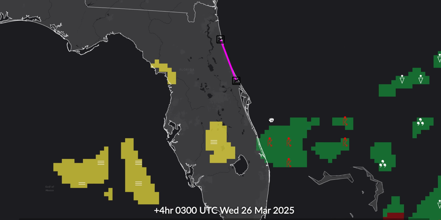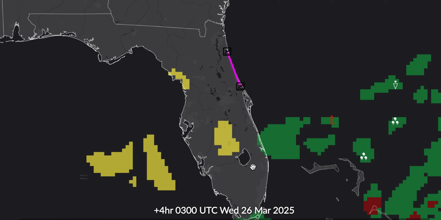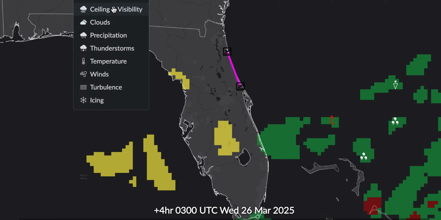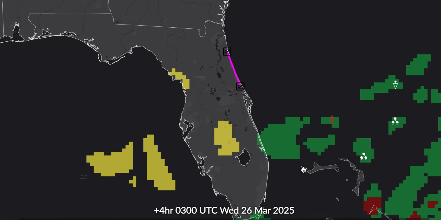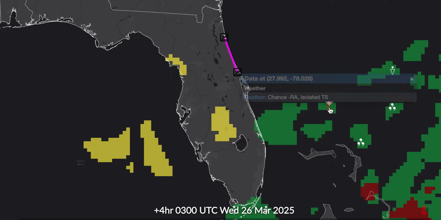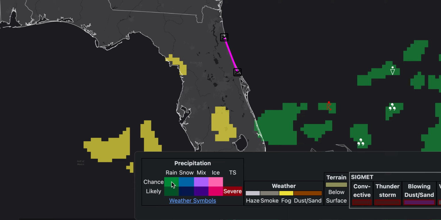Precip, we know there's going to be some precip down south, southeast specifically, just because we went through the ceiling visibility and clouds, as well as the prog chart with the radar. So chance of rain, this green is all a chance, as we can see. Chance is the lighter green, but if this was dark, it would be more of a likely.